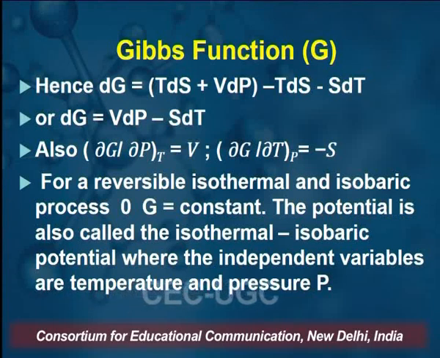So what do we get? We get that for a reversible isothermal and isobaric process, G is constant, dG = 0.